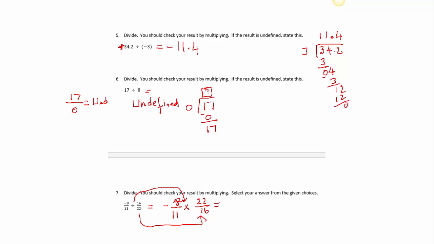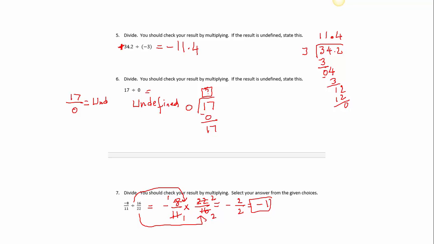Notice that 8 by 8 is 1, 16 by 8 is 2, so I divided up and down by 8. Notice that 11 by 11 is 1 and 22 by 11 is 2. So I end up with negative 2 over 2, which is negative 1.